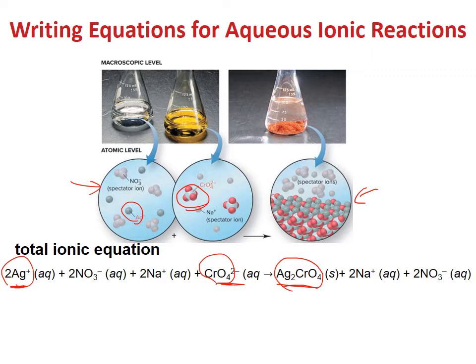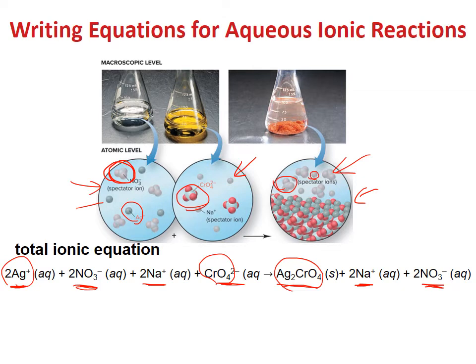Now let's look at the other ions. In the reactants, we also have sodium ion and nitrate ion. Sodium ion is here, coming from sodium chromate, and nitrate ion is here, coming from silver nitrate. In the product, sodium ion is still here, and nitrate ion is still here. If you look at the diagram, here is the nitrate, here is the sodium ion.